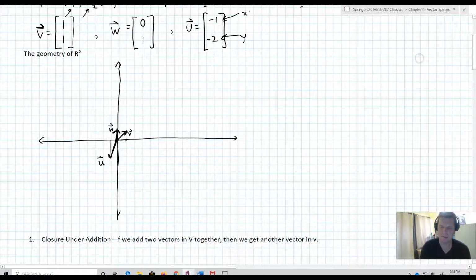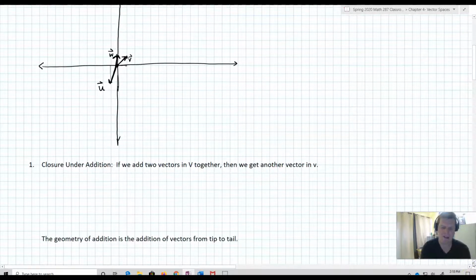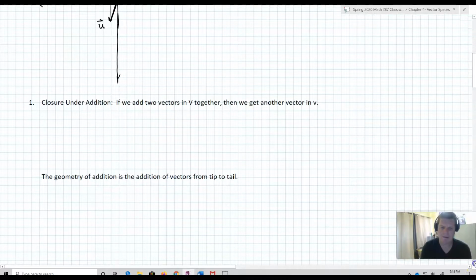All right. Now, the next thing that we have is closure under addition. This is the first property of vector spaces.